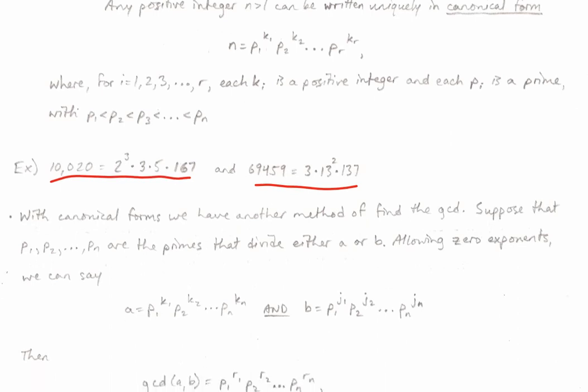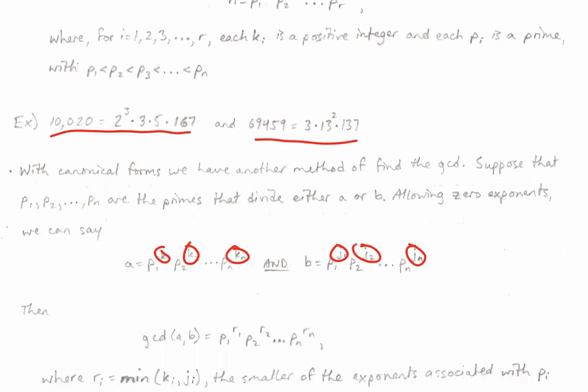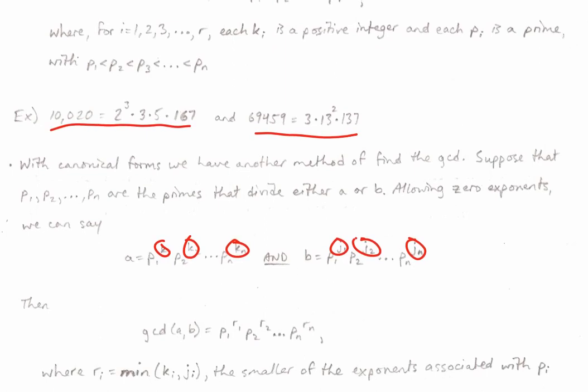And we give separate names to the exponents because they don't necessarily have to be the same in each number. These can logically and sort of obviously be different values. Then the GCD of A and B is P1 to the R1 times P2 to the R2 times Pn to the Rn. Now, what are these R's here?